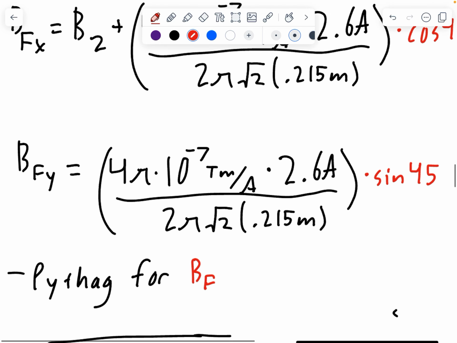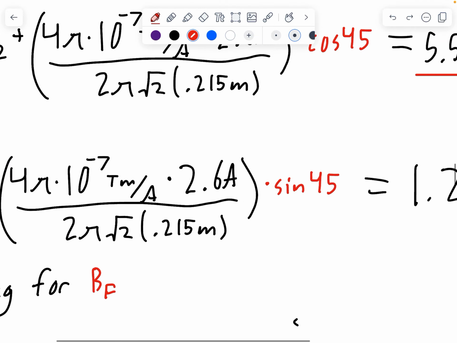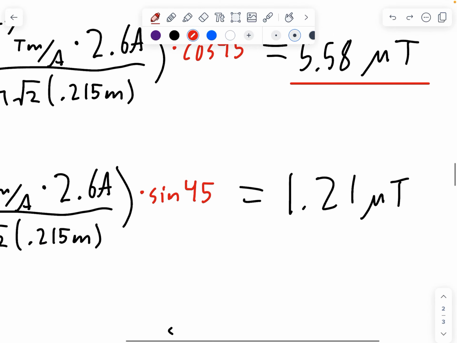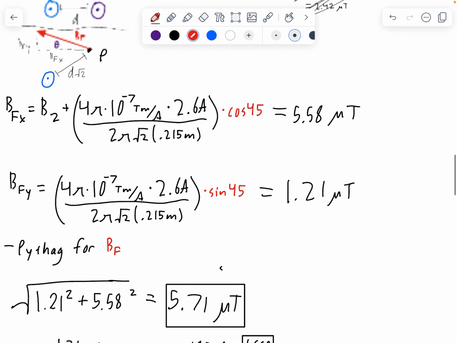And then for BF of Y, the magnetic field from wire 1 has a vertical component, whereas B2 doesn't. There's no adding of B2 in this one. So this is just the total B1 magnitude multiplied by sine 45 to isolate the vertical component. I said that really slowly because I myself was having trouble understanding.